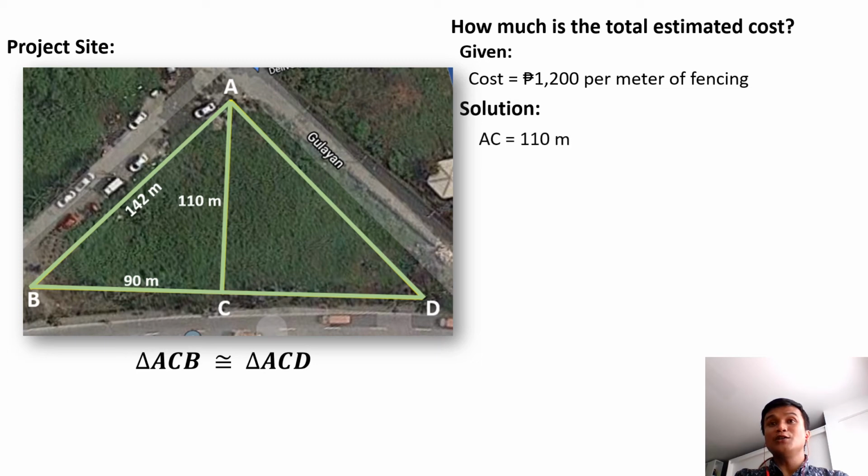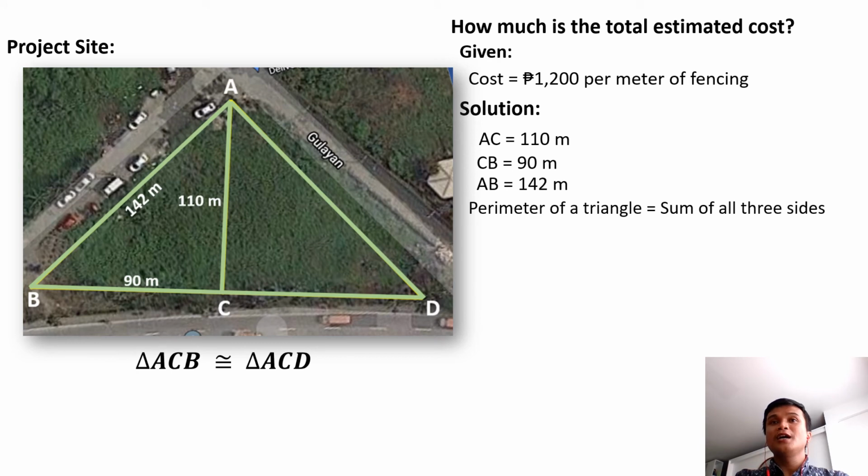For our solution, AC is equal to 110 meters, CB is equal to 90 meters, and AB is equal to 142 meters. The perimeter of a triangle, as in your Grade 7 mathematics, is the sum of all three sides.